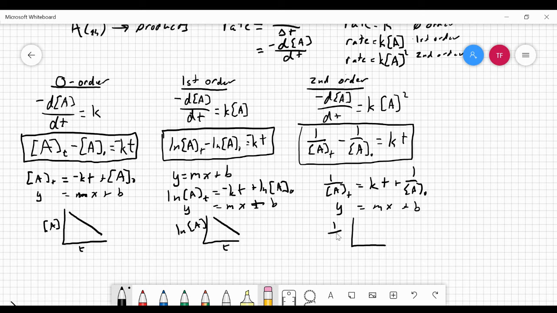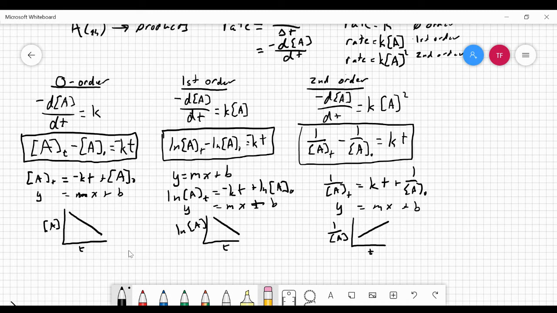So if we graph the inverse of concentration of A versus time, and this gives us a straight line with positive slope, then we know that we have a second order reaction. If it gives us a curve of any sort, then we know it's either first order or zero order. So doing graphical analysis of our data allows us to figure out if it's zero order, first order, or second order.